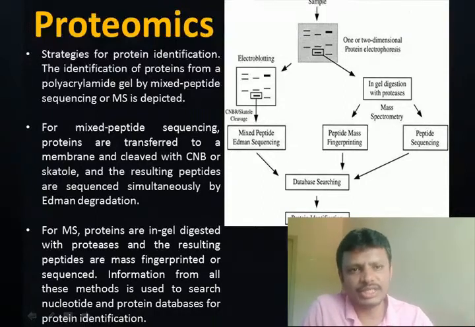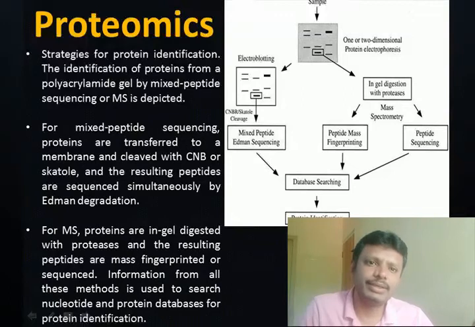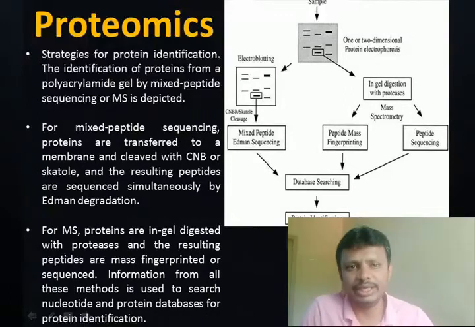Once the codons are sequenced, we will convert the codons into nucleotides, and the nucleotides will be blasted in the NCBI database to search for protein identification. So this is the methodology involved in proteomics.